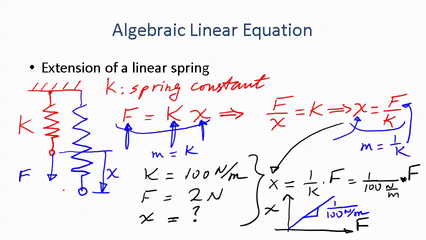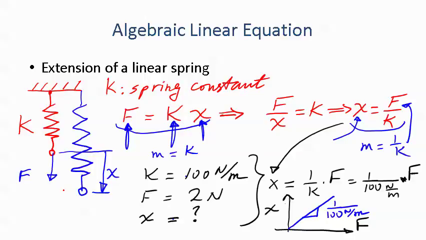And if you exceed the elastic limit, it will not be able to recover and it will be permanently deflected. And of course here you can substitute 2 newtons for F and find out the elongation. And this plot here shows to us that there is a linear relationship.